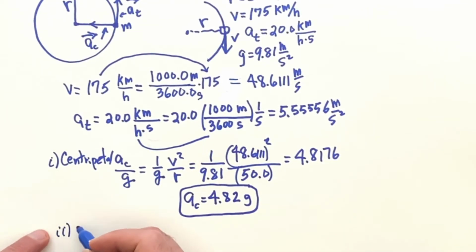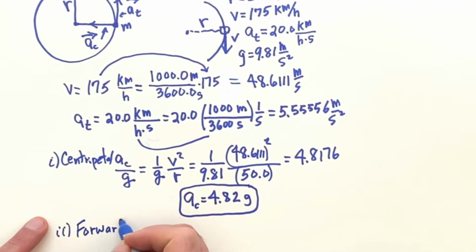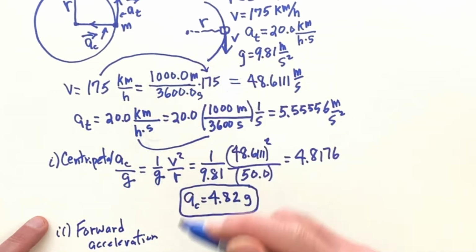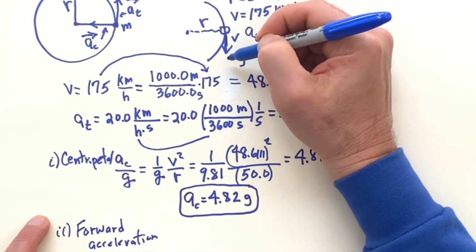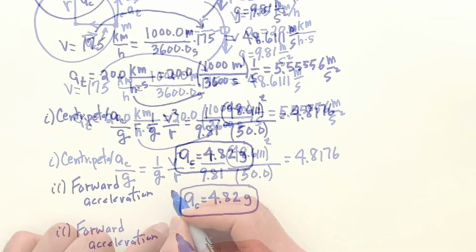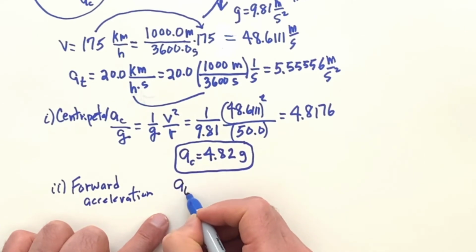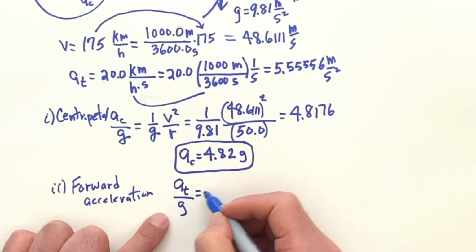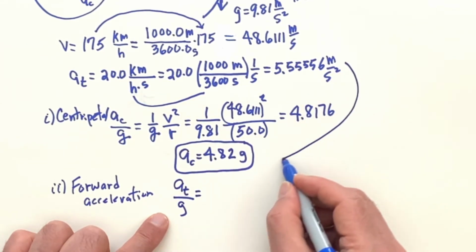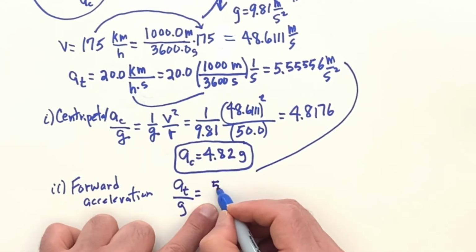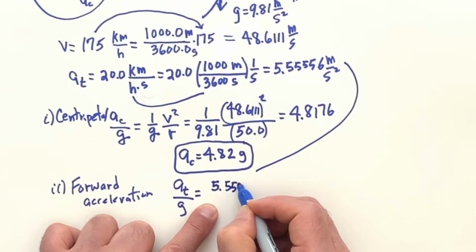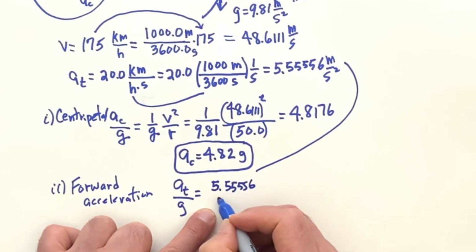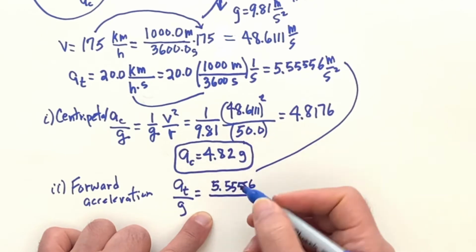Then we'll do the next for the tangential, which is the forward acceleration. The acceleration is tangent. So here we would take the tangential acceleration divided by g. Now you want the 5.55556 thing, and that's the acceleration, that's all you gotta do.